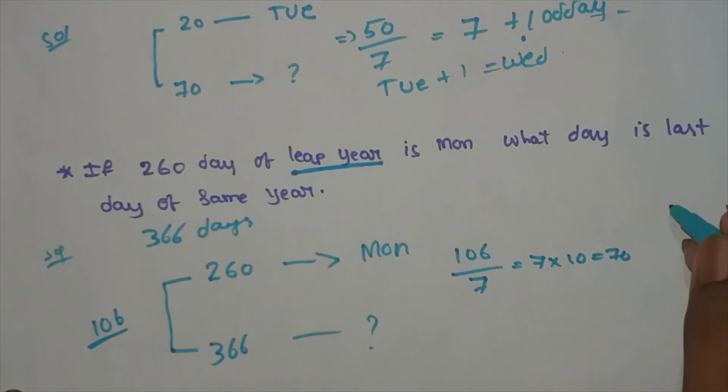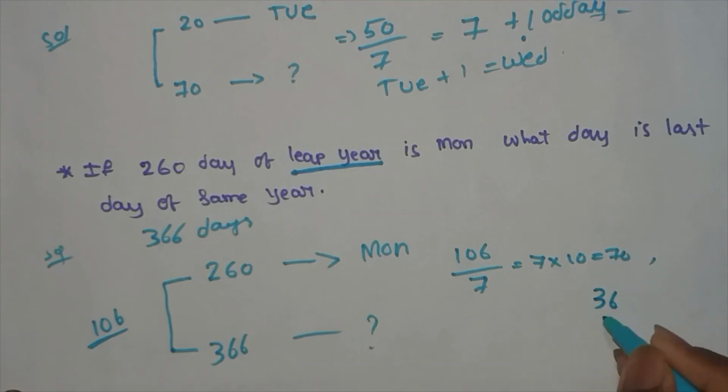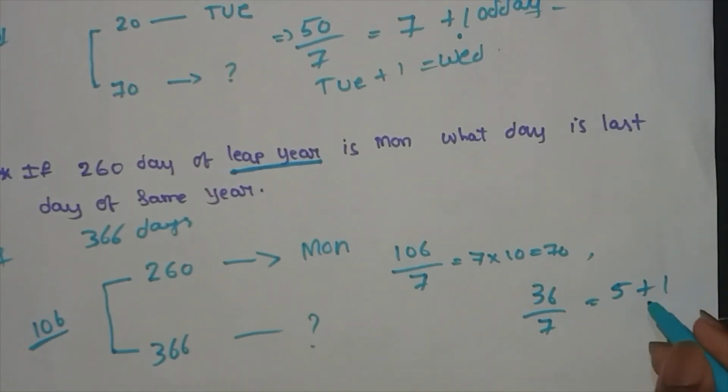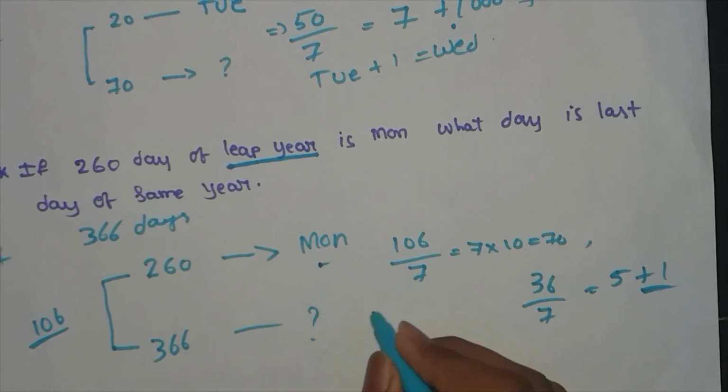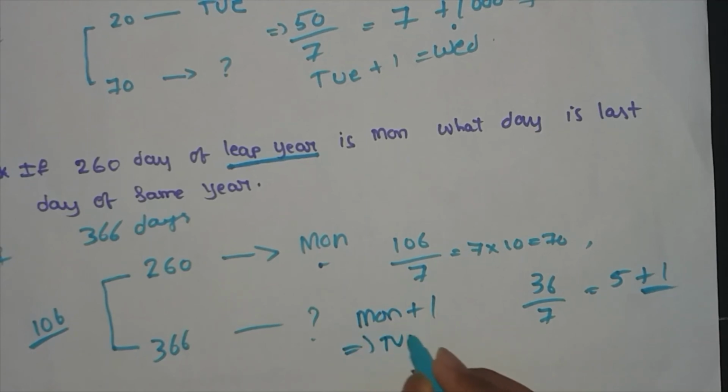So you are left with 36, right? So divide again by 7. That gives me 5 complete weeks plus 1 extra day. So add this extra day to the given day, that is Monday. Monday plus 1 extra odd day gives me Tuesday.